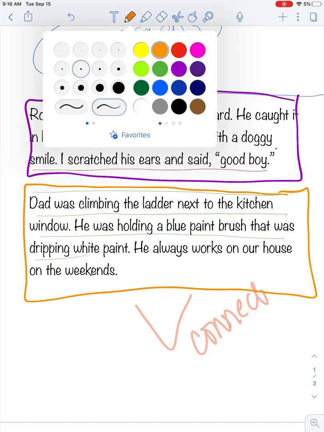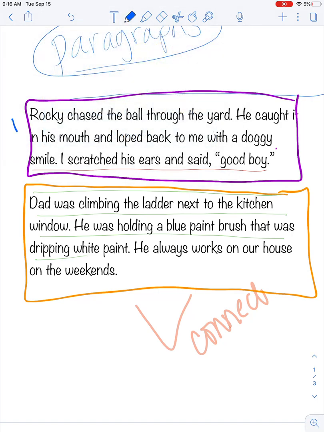So now I have my first part and my second part. But do you now notice how they are split into two parts? I didn't keep on writing the rest of my paragraph there because I needed to begin a new paragraph when I started talking about a new topic.